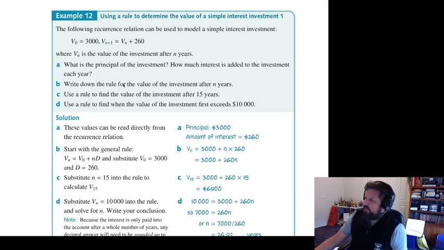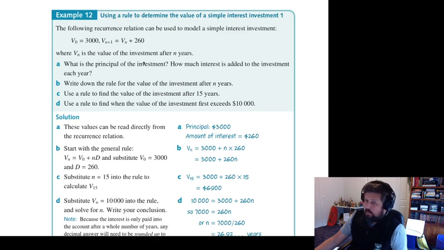Next it says write down the rule for the value of the investment after n years. Remembering what I said on the previous page, the rule for increasing values for simple interest investments or loans after n years is Vn equals V0 plus n times D. In this case, we substitute in V0, the starting value, which was 3,000, and the D value, which was 260.